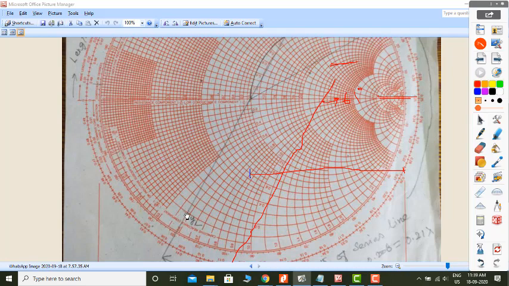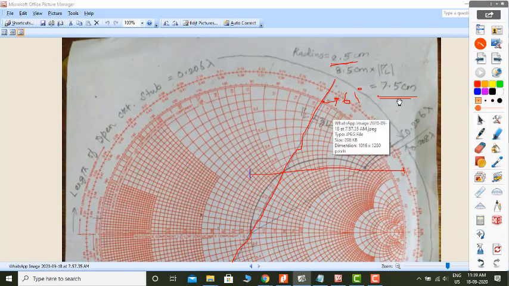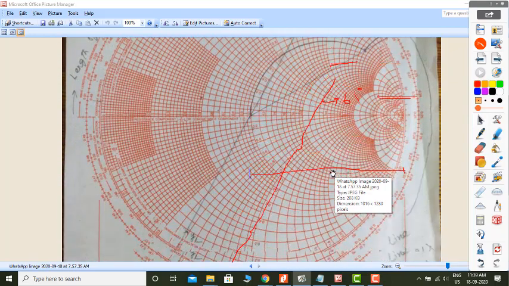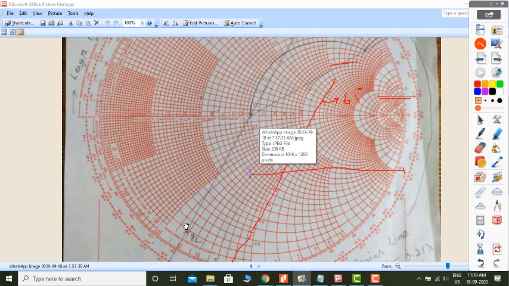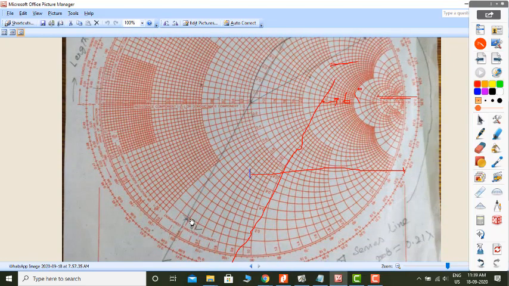How to mark the YL point? The YL point is 7.5 centimeter from the middle of the Smith chart. Here you can read the real and imaginary part. This will be the real part, and this is the imaginary part.